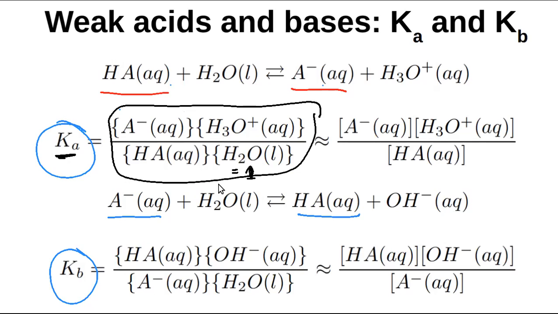But it's very often represented as the quotient of concentrations, because the activity of A minus is equal to the value of the concentration of the A minus, and the activity of oxonium is equal to the value of the concentration of the oxonium.